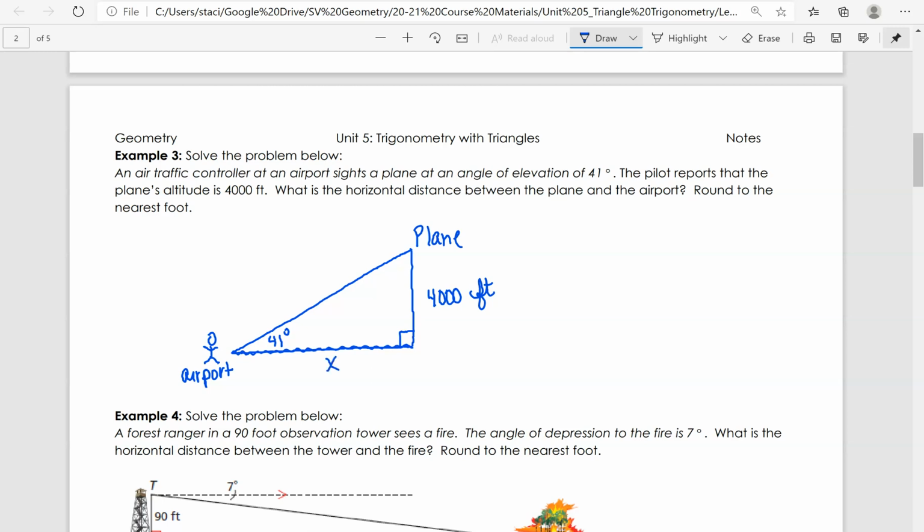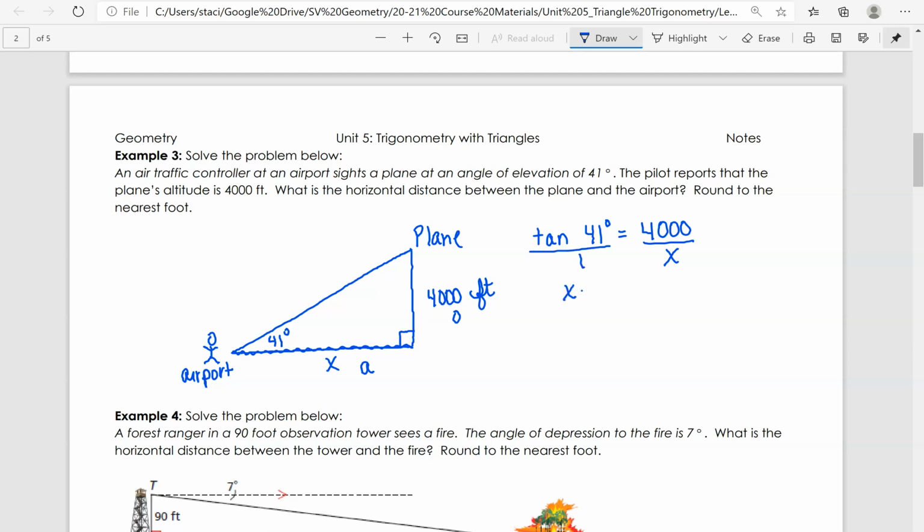When I look at the sides that I'm given and think about my reference angle of 41 degrees, I have the opposite side and the adjacent side, which means I need to use a tangent ratio. So I have the tangent of 41 degrees equals the opposite side, 4,000, over the adjacent side, which is x.